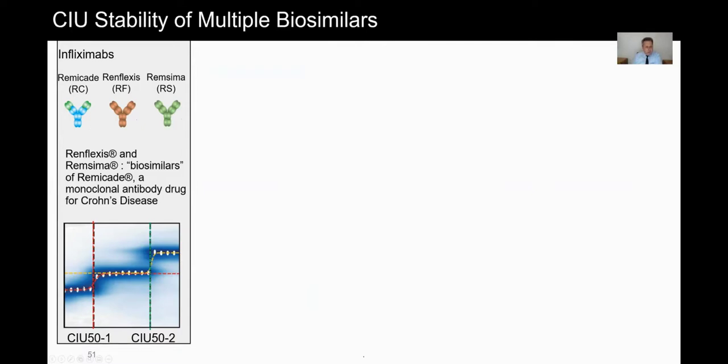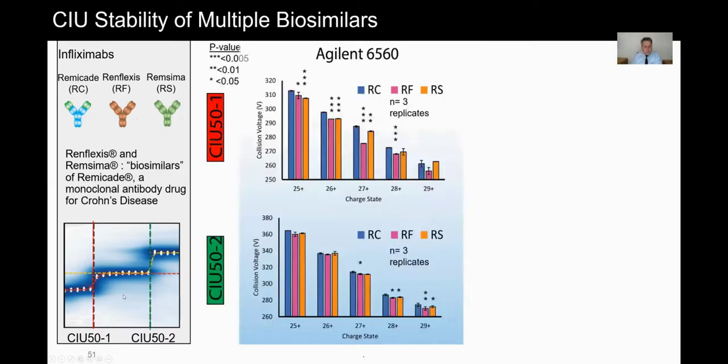And what we're going to do is zoom in using this CIUSuite software to be able to look at these inflection points between these static states. So here's one activation energy, a CIU50, and we call it a 50 because it's the 50% point between these plateaus.